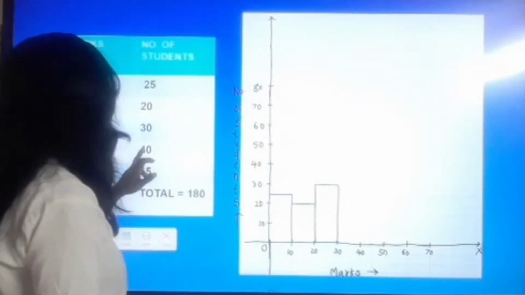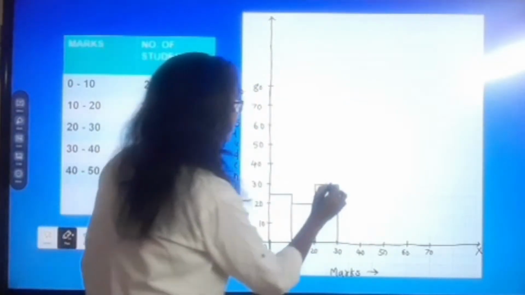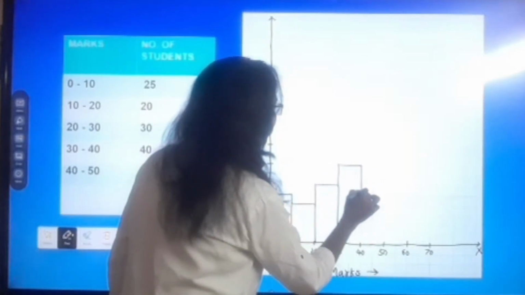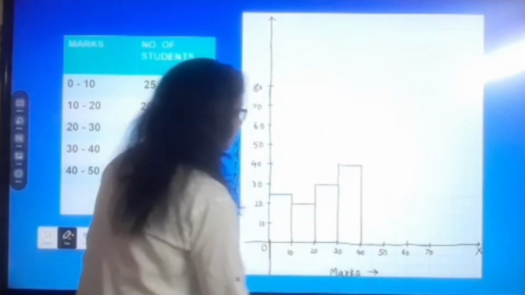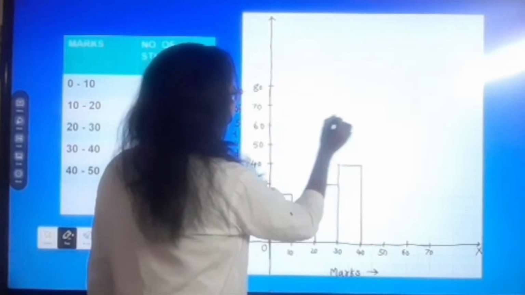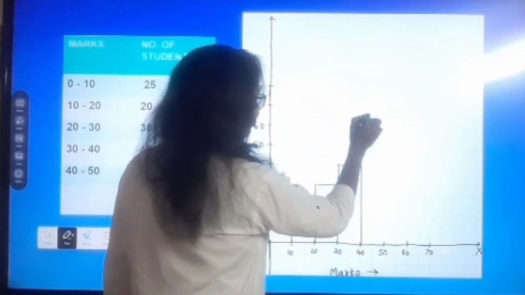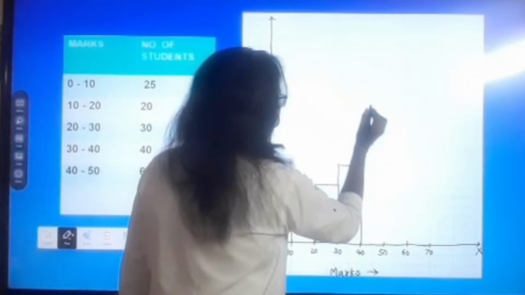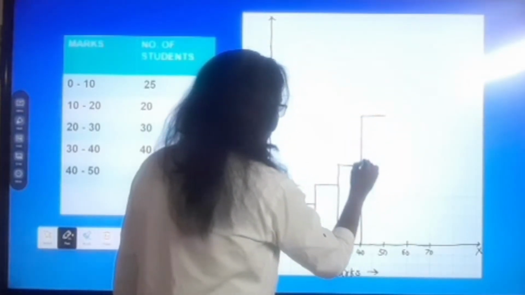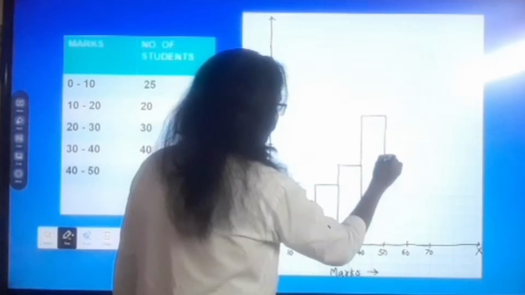Then 30 to 40, it will be 40. Then 40 to 50, it will be 65. So 65, that is in between 60 to 70.